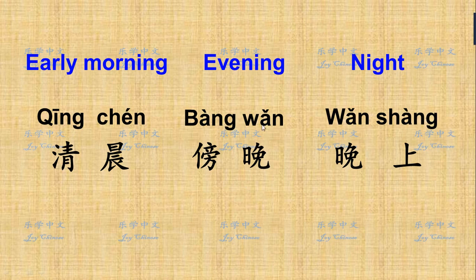It didn't get too dark yet. Night, 晚上. So 晚 actually means night, means late. Close to a little late. 傍晚. 晚上.